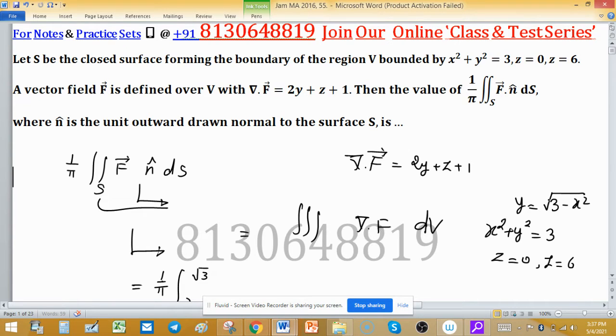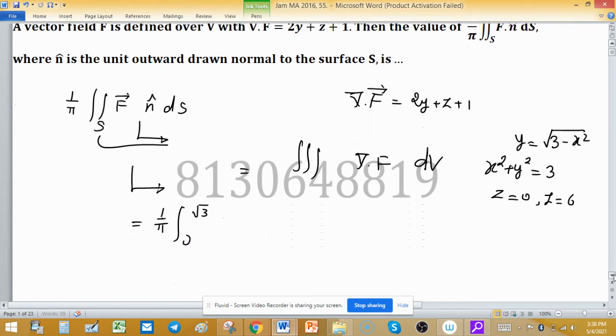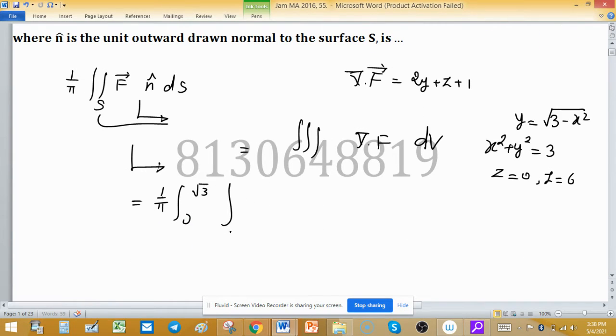If y is 0 then the limit of x is root 3. So the integral is 0 to root 3, y from 0 to square root of 3 minus x square, z from 0 to 6, of 2y plus z plus 1, dz dy dx.